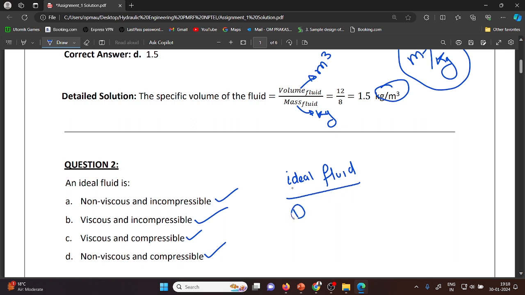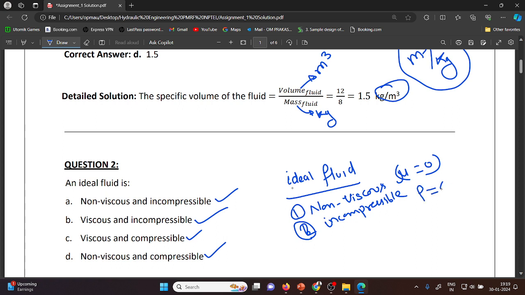Which one is correct? We are talking about an ideal fluid. An ideal fluid is non-viscous and incompressible. Non-viscous means viscosity is 0, and incompressible means you cannot compress the fluid, density is constant always.